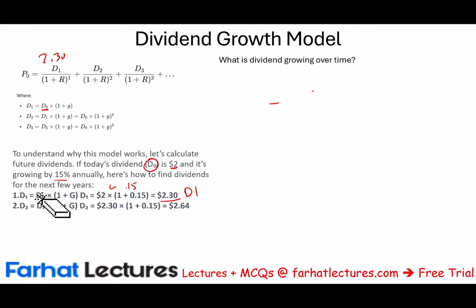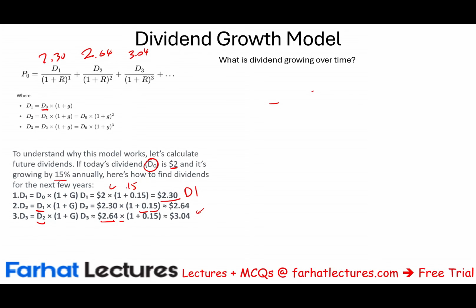We'll take D1, $2.30, multiplied by 1 plus the growth rate. It will be approximately $2.64. Okay, how about D3? D3 is D2 times 1 plus G, which is approximately $2.64 times 1.15, approximately $3.04.